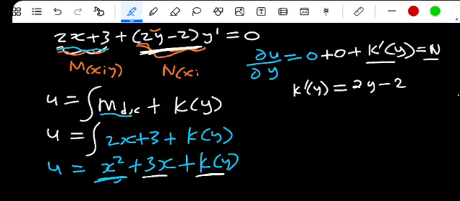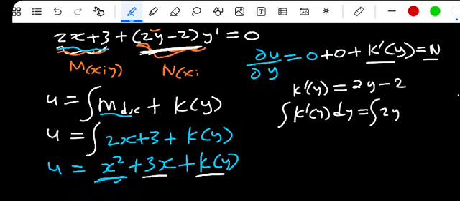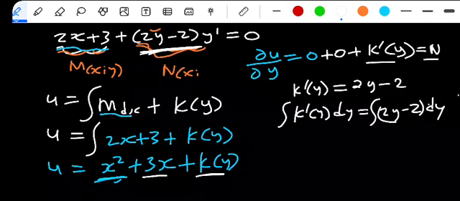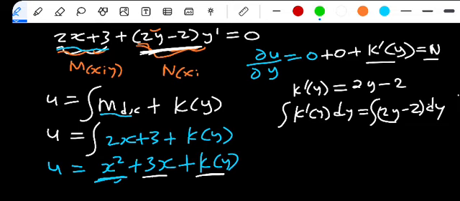So here we take the integral with respect to y on both sides. The integral of k prime of y will be k of y.